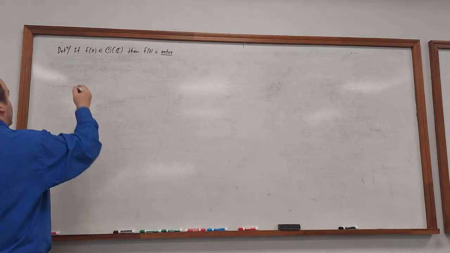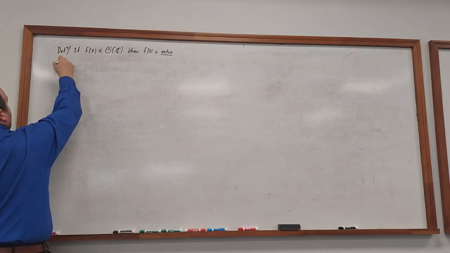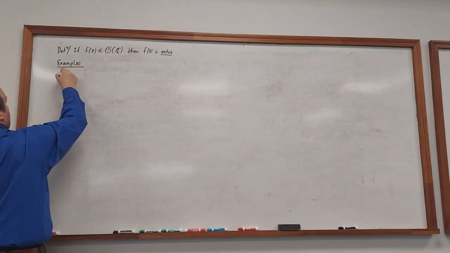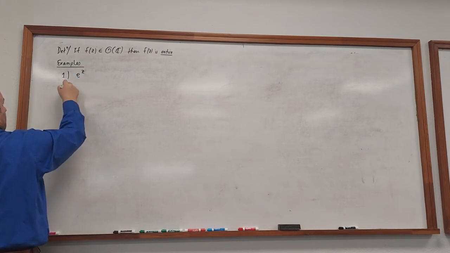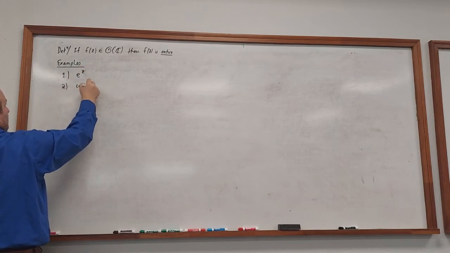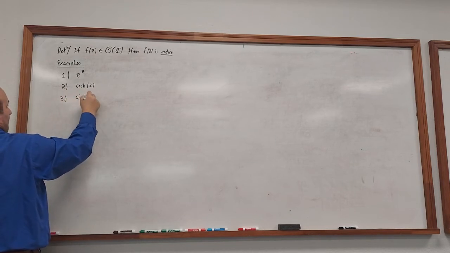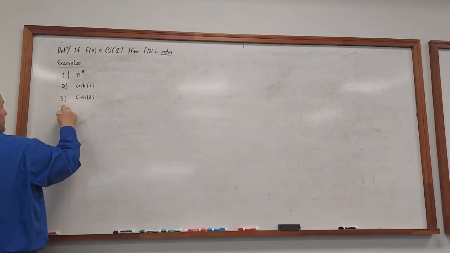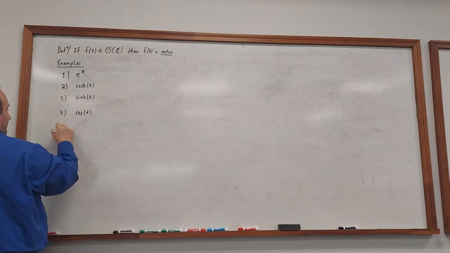So examples of these. e to the z is entire. Cosh z, entire. Sinh z, entire. Cosine is entire.